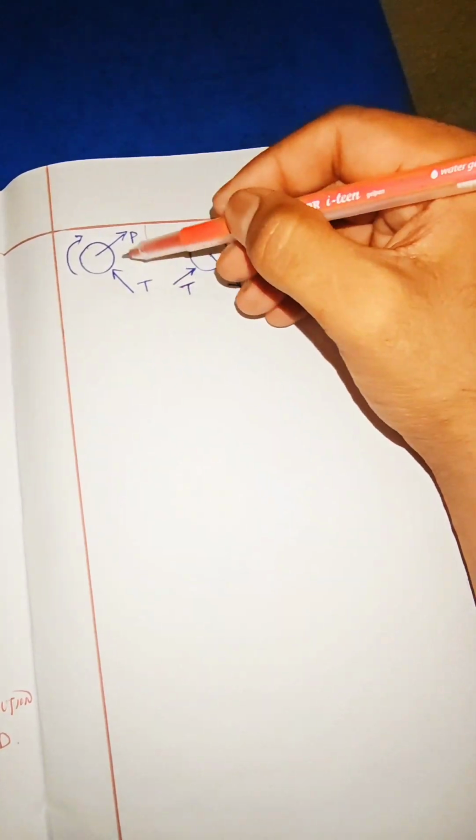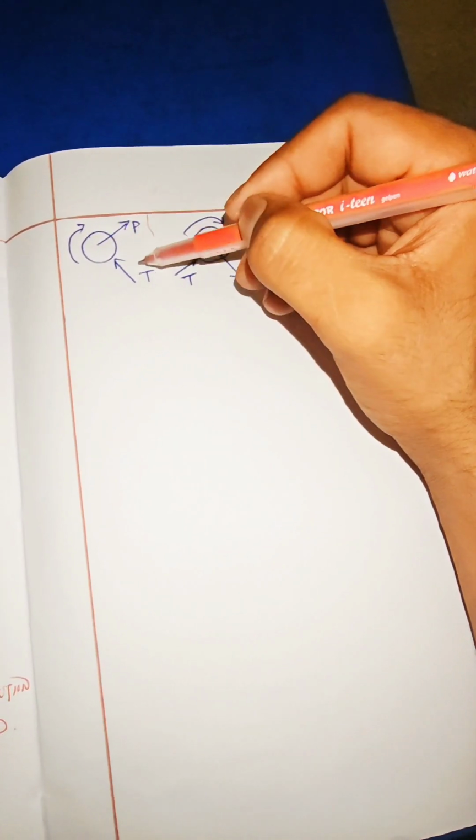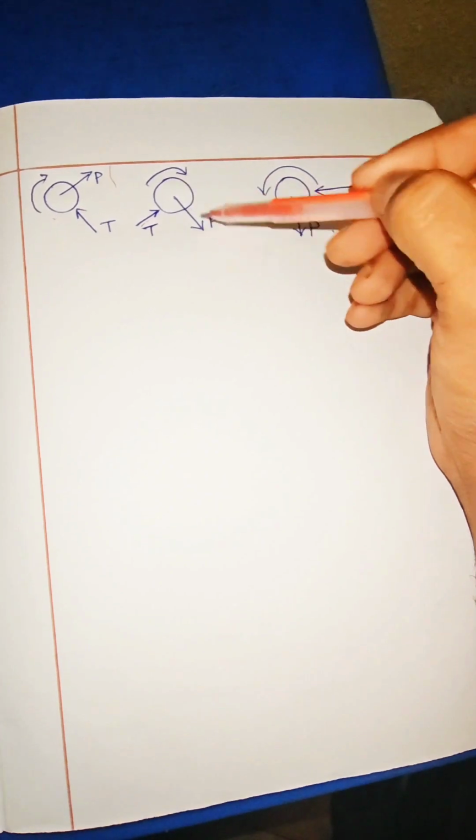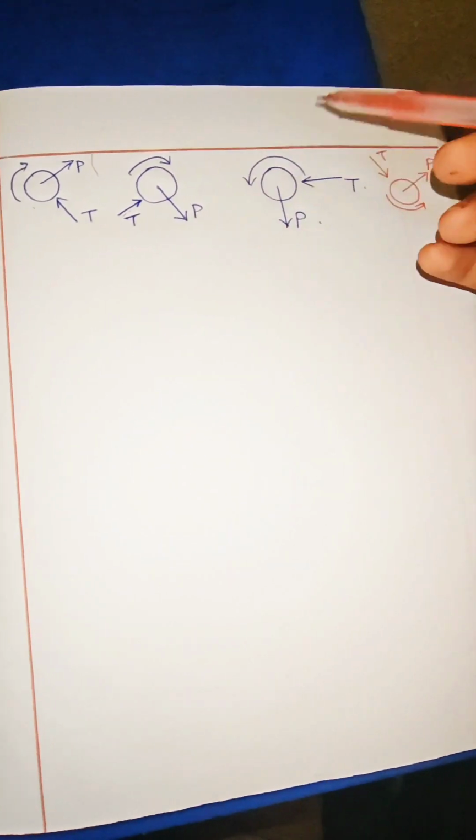This is the applied torque, and precession will be 90° with the applied torque and towards the rotation. You see, this side is the applied torque and this side is the precession, just 90° from the applied torque.